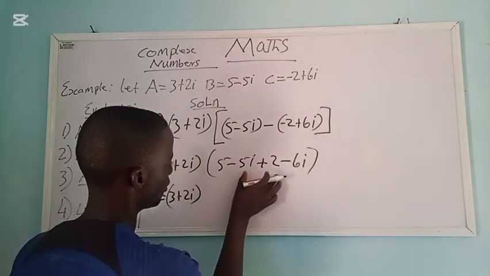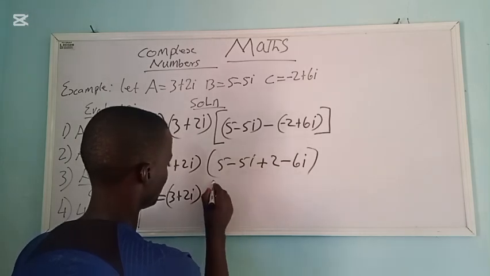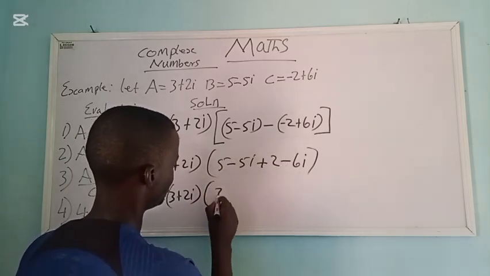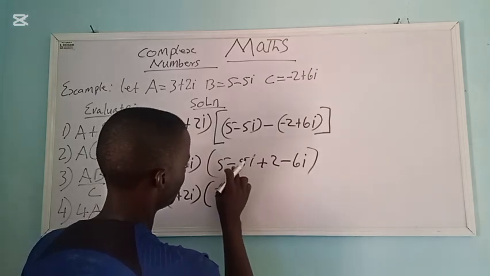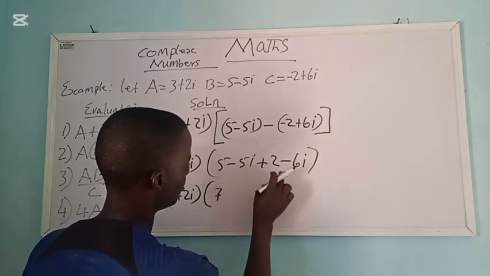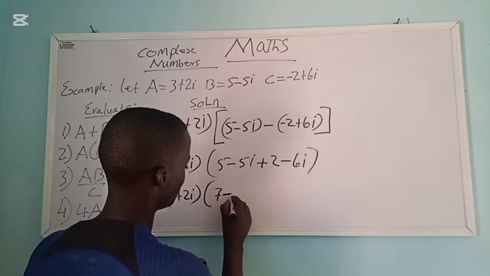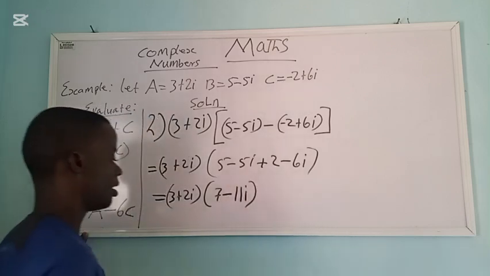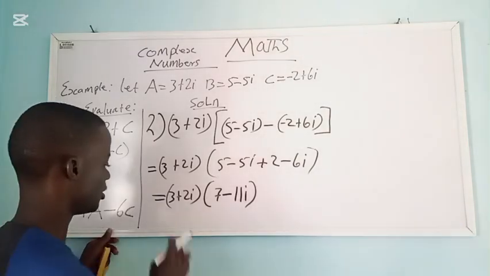Then we'll collect the like terms here. So we have open bracket, 5 plus 2 is 7, then minus 5i minus 6i will now be minus 11i, all in bracket.